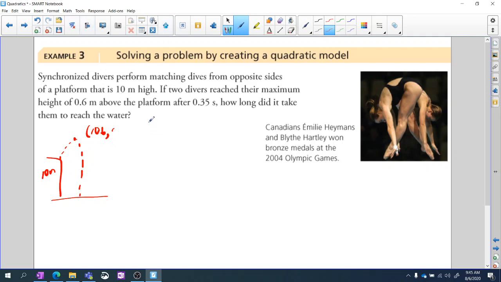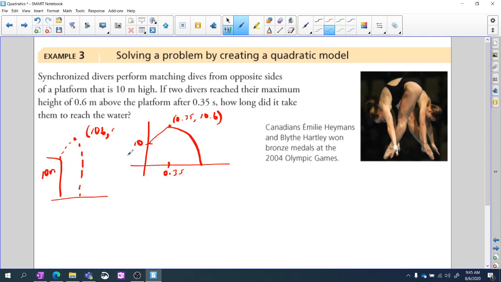So let's think graph here. So they started at 10. At 0.35 of a second, they're at the highest point. Back down like so. So this point would have been (0.35, 10.6).